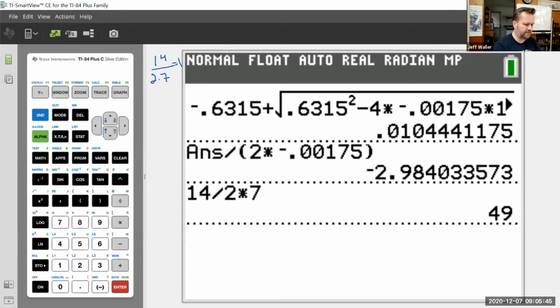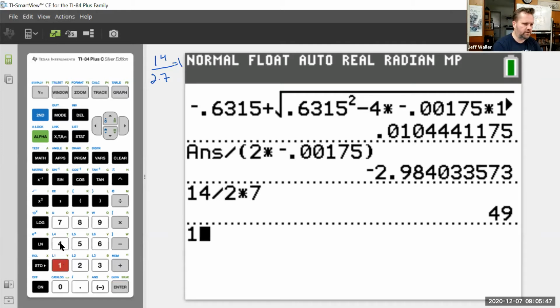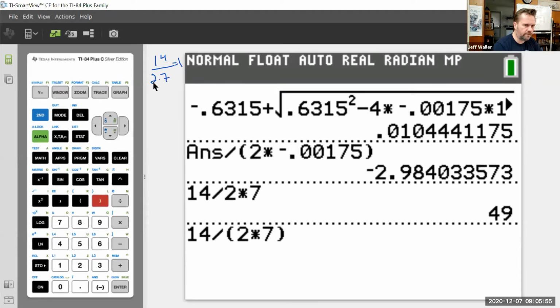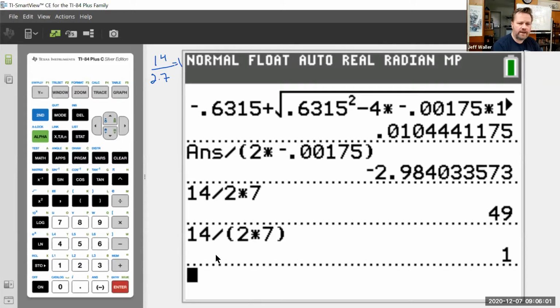So how do I make the calculator do the right thing? 14 divided by parentheses, so then it knows 2 times 7 is on the bottom. Do you guys see that? Because the calculator doesn't have eyeballs, we have to tell it that all of this is on the bottom, all of it. And that's how we do it, with parentheses.